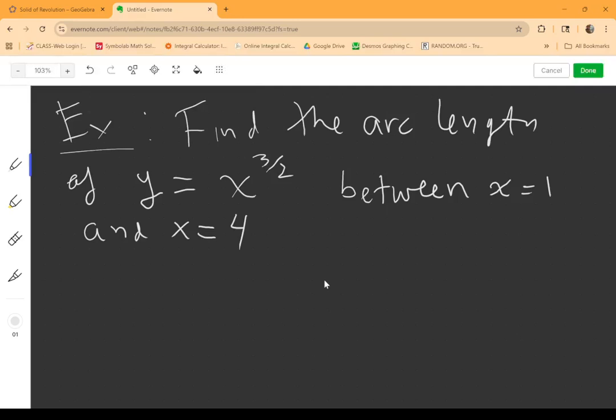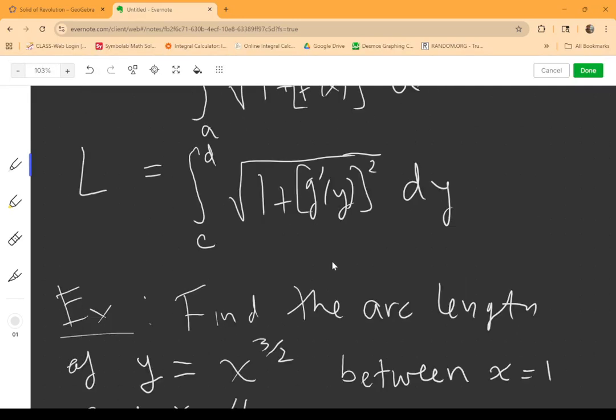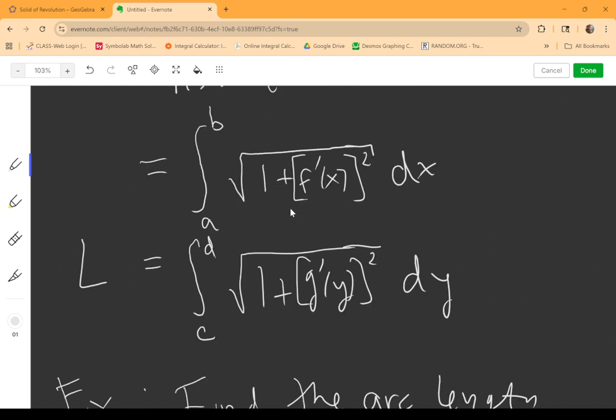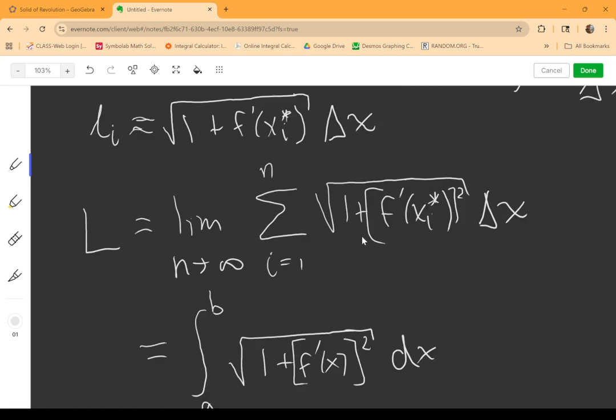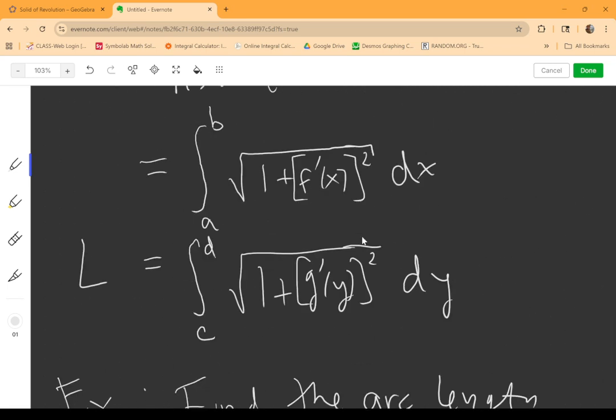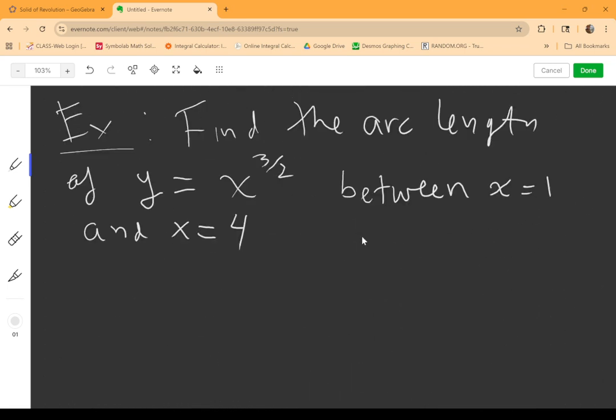We're going to need an integral, defined along dx, and then the derivative of the function, which I'll square. So let's start off with that.